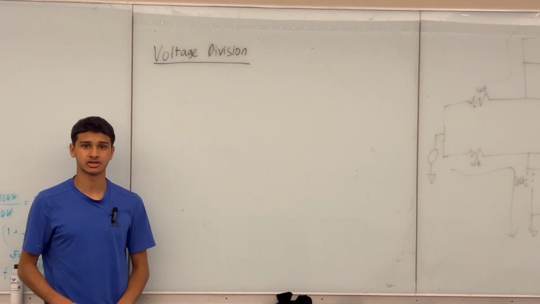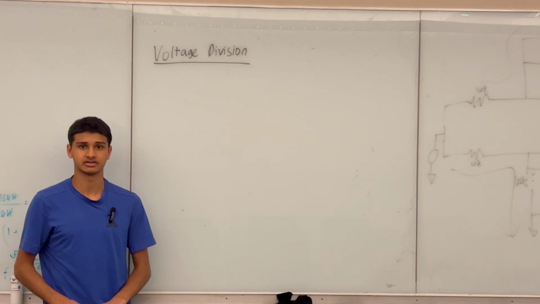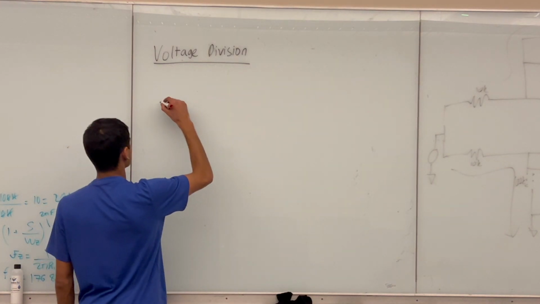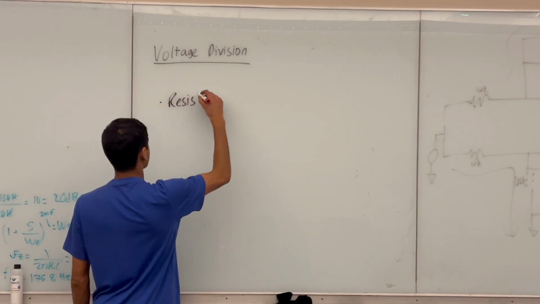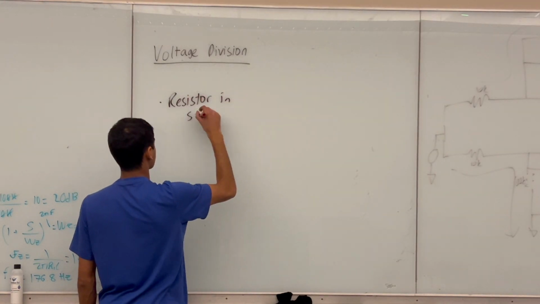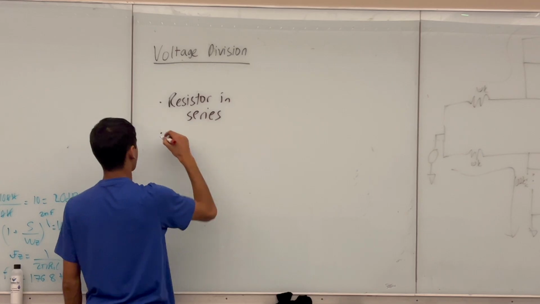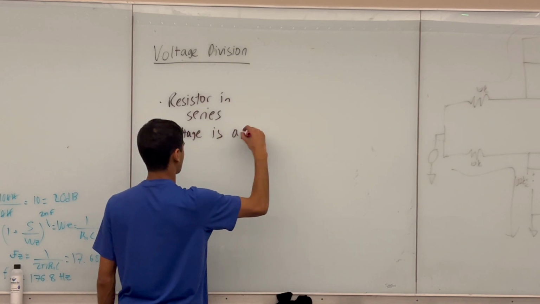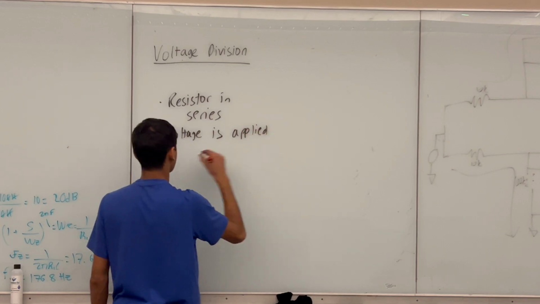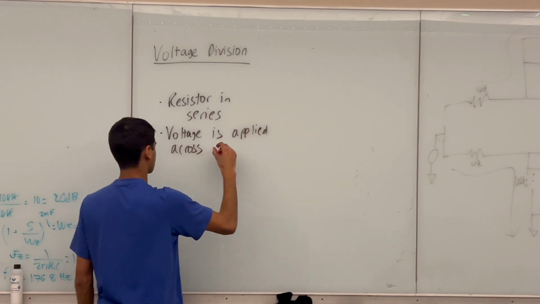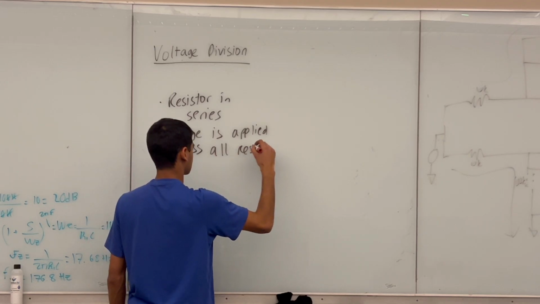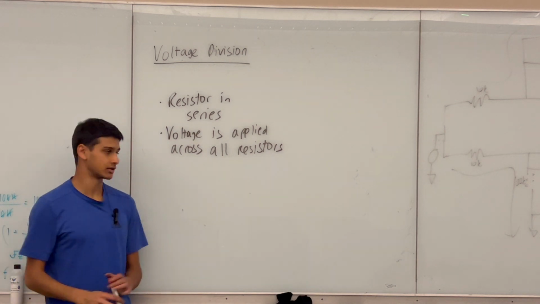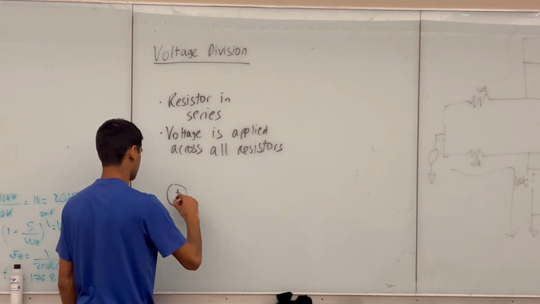So in this part of the video, I'm just going to go over the conditions that have to be present for you to use voltage division. And so the main condition is that the resistors are in series and that your voltage is applied across all your resistors. So again, I'll just show that with an example, a quick diagram.